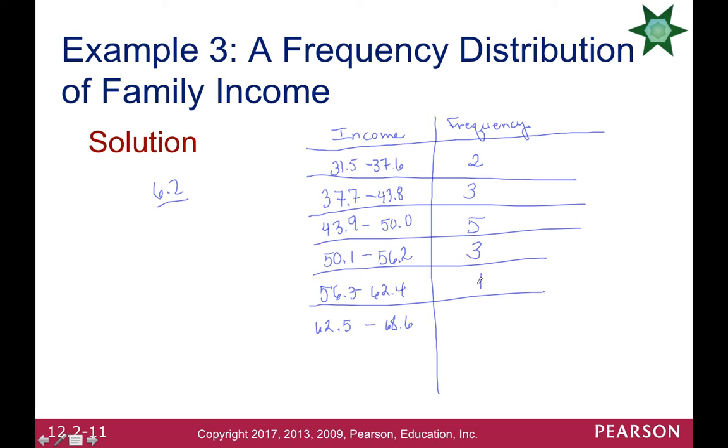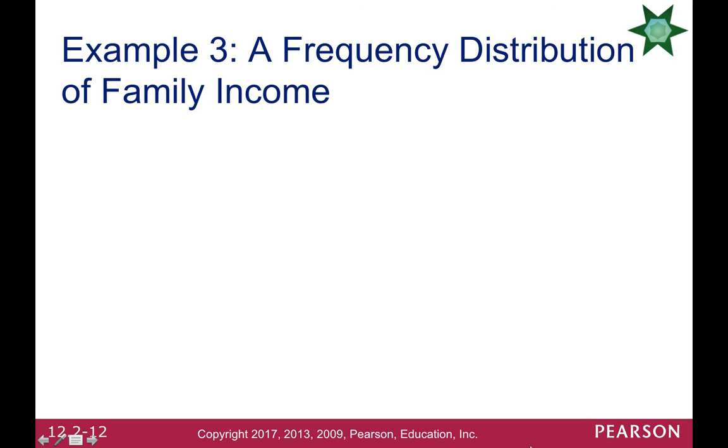And 1 family fell into the 56.3 to 62.4. And finally, 1 of the families fell in the value of 62.5 to 68.6. And if I add this all up, I have 15 families represented. So it's a good idea to add up your frequency column and make sure it equals the number of your samples.